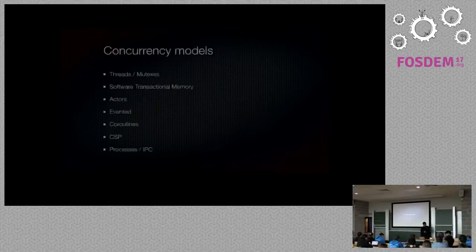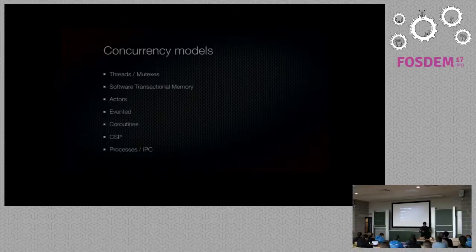Concurrency models. In different languages we have different concurrency models. These are the main concurrency models that we know. First is threads and mutexes. Java and Ruby have support for threads and also have mutexes. This is a very low level concurrency model that we use to write our programs concurrently.